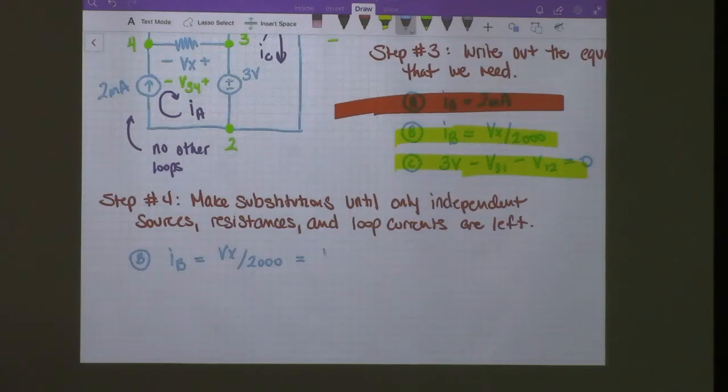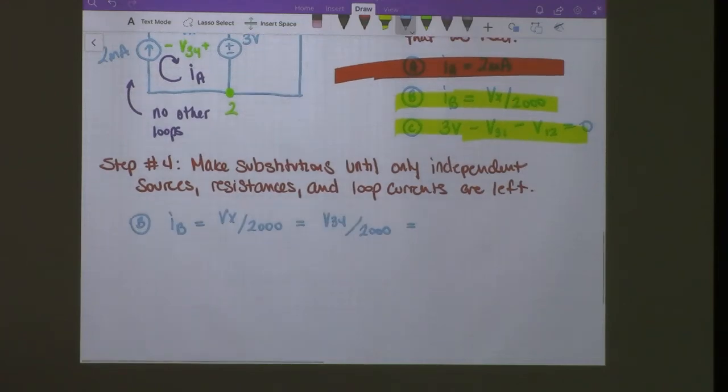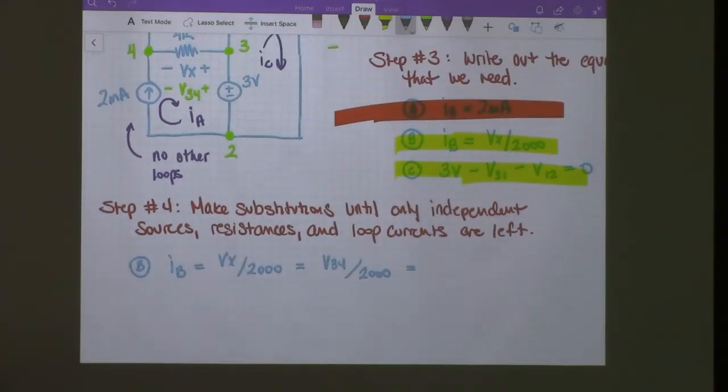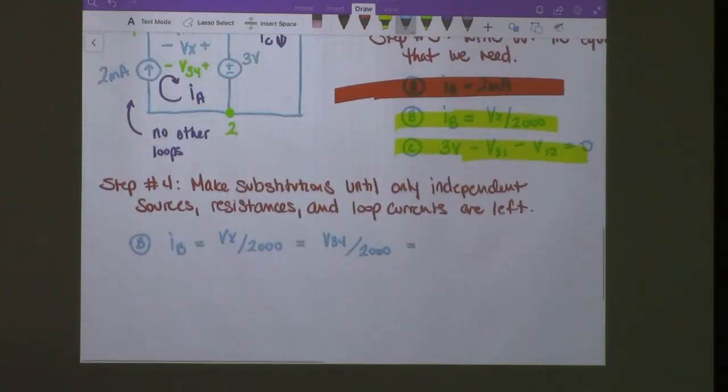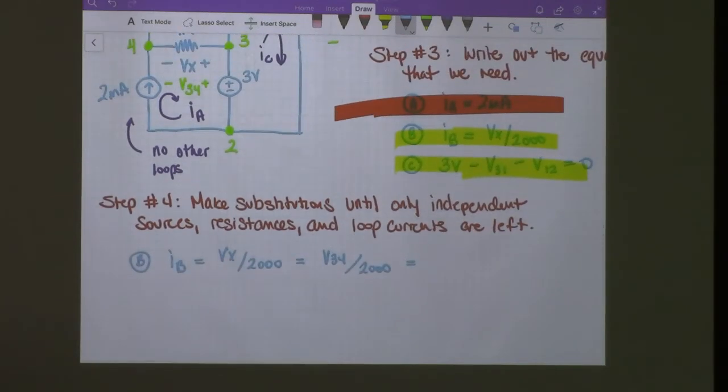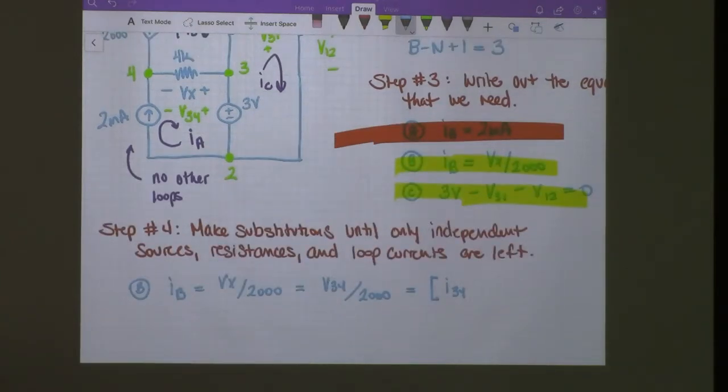That's equal to V34 divided by 2,000, which is the same as I34. So let's break this down for a second. So V34, what does that equal to? It's equal to I34 times 4,000.